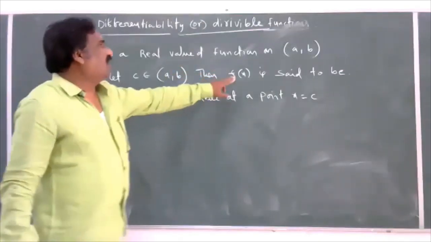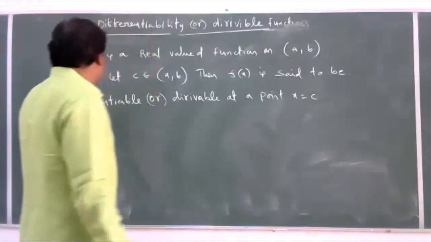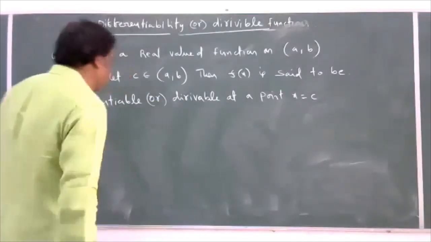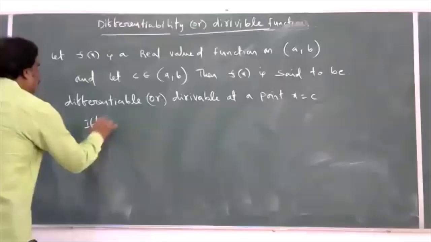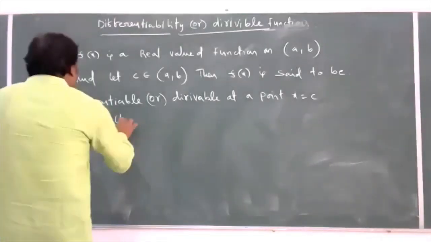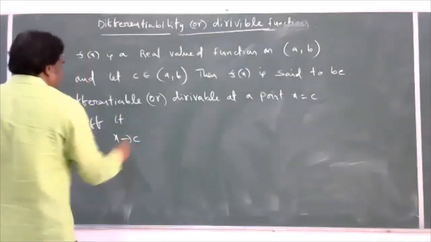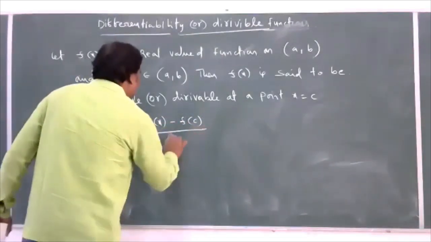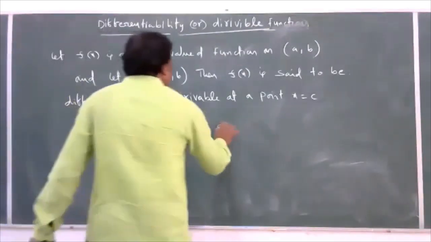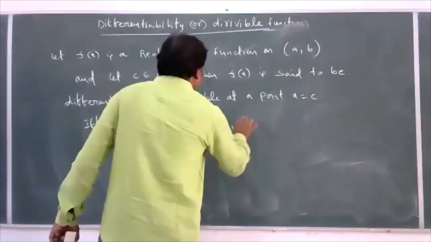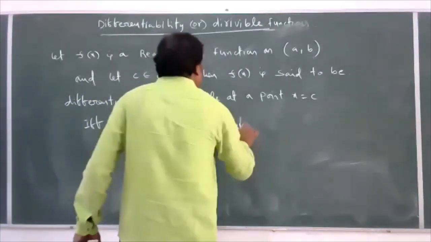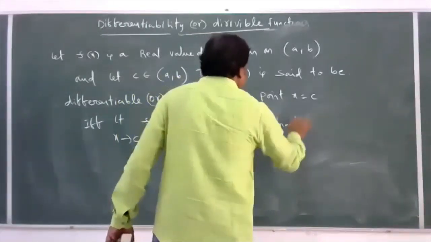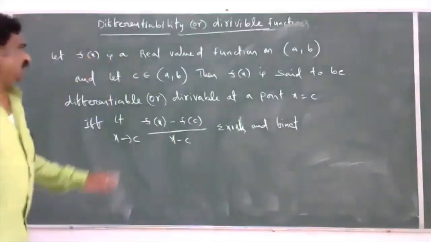Then f of x is said to be differentiable or derivable at a point x is equal to c if and only if the limit as x tends to c of (f of x minus f of c) by (x minus c) exists and is finite.